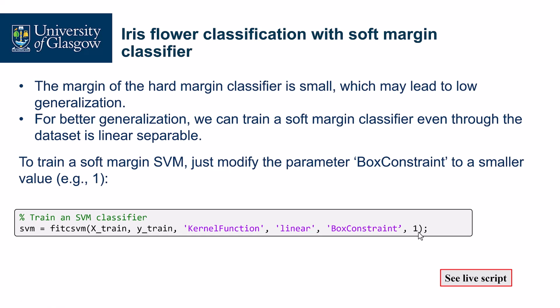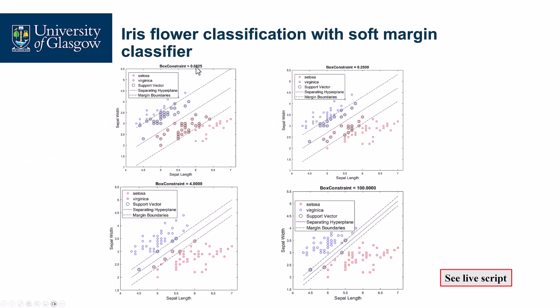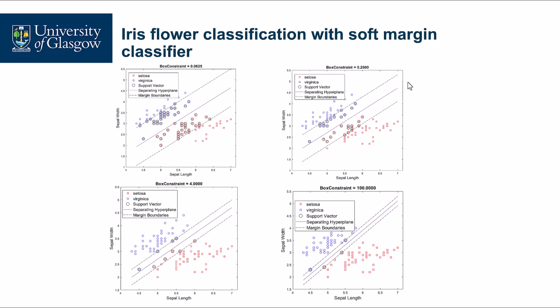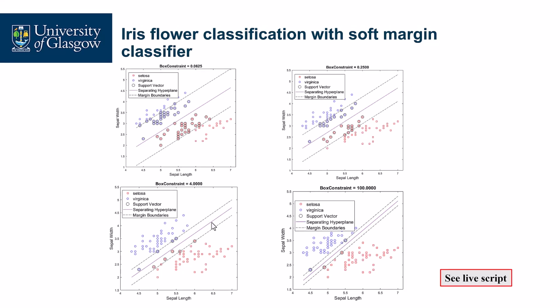You can try different values, compare the results, and select the one that shows the best trade-off. In these slides, I tried 4 values. The smallest is 0.0625 and the largest is 100. We can clearly see the trade-off that we have discussed before, and we can select the one that is more in line with our intention. All of these are in the live script, and you can try it yourself.